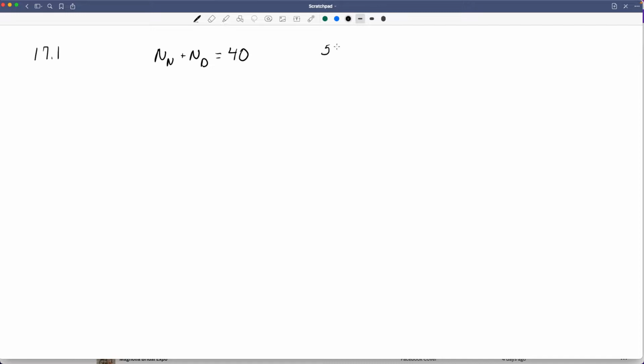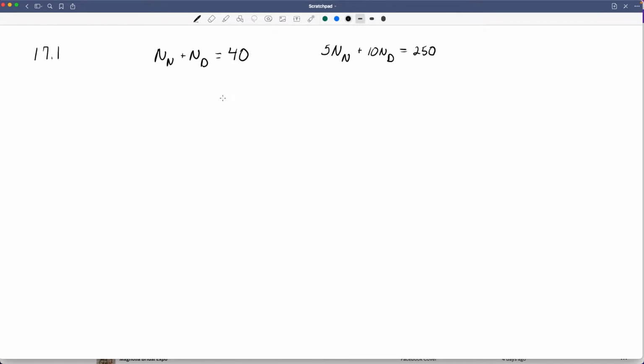So I can say 5 times the number of nickels, because a nickel is worth 5 cents, plus 10 times the number of dimes, because a dime is worth 10 cents, is equal to 250. Now the reason I'm not using a decimal here is that getting rid of the decimal just sometimes makes it easier to solve.